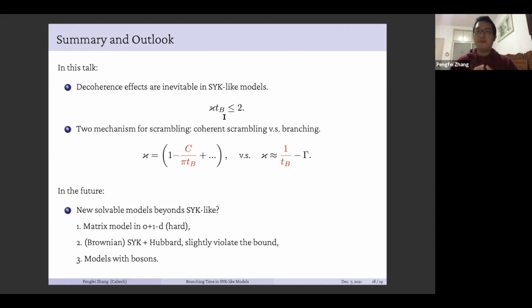In particular, if instead of the static SYK interaction we use a Brownian SYK interaction, then this problem can be solved using some initial state and some EPR pair, and there is some evolution, and it can be reduced to a problem with few qubits, and you can do all the calculation explicitly and get a very interesting result. The result shows this will violate the bound for the branching time a little bit.